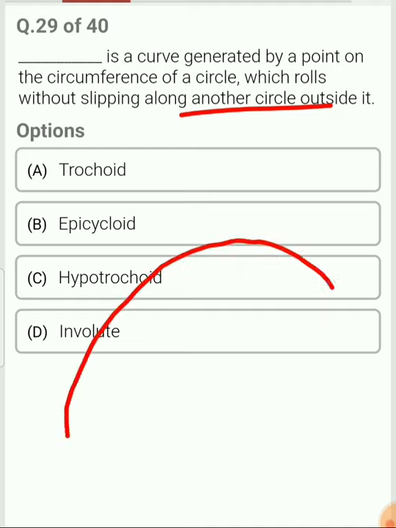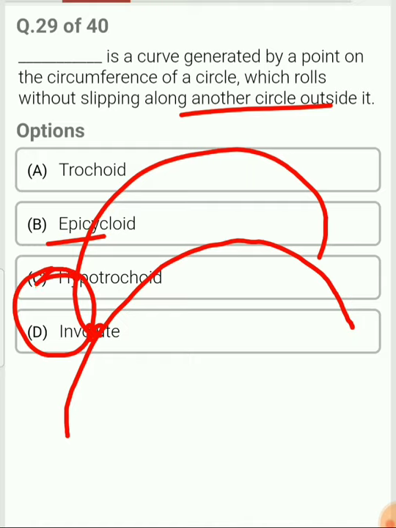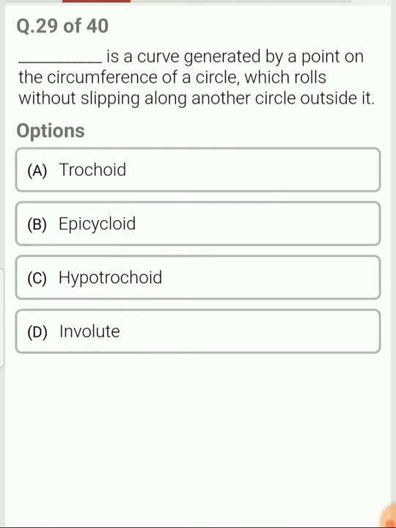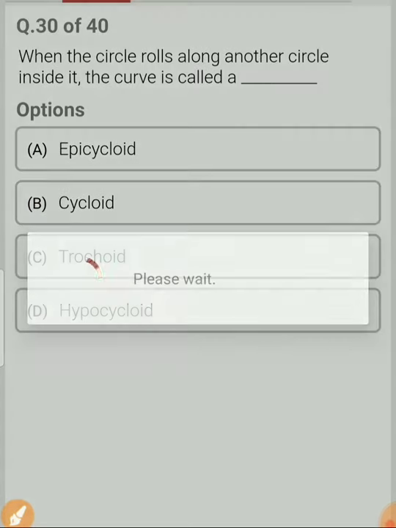So we have another circle and there is a rolling circle which rolls outside it, and we need to find out the locus of a point which is on the circumference of this rolling circle. So the curve which you will get is equal to the epicycloid. So when the circle rolls outside the other circle, the curve which you will get is the epicycloid.